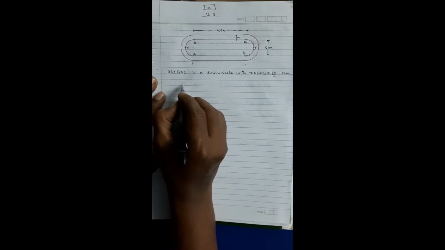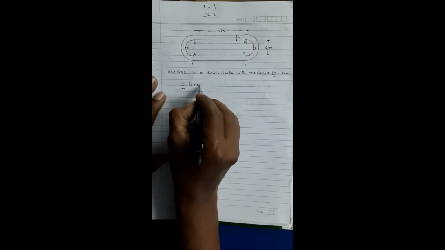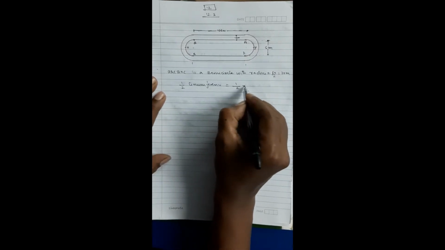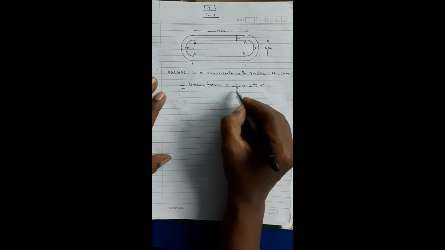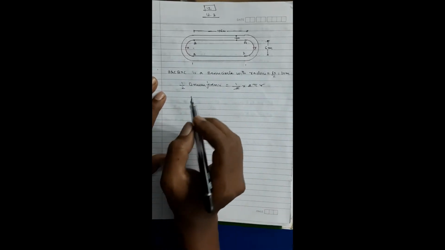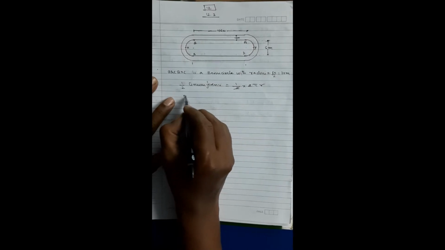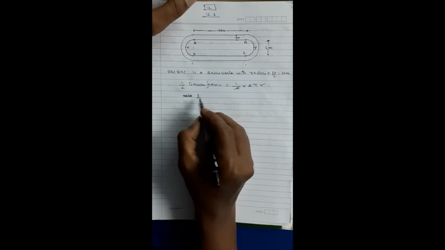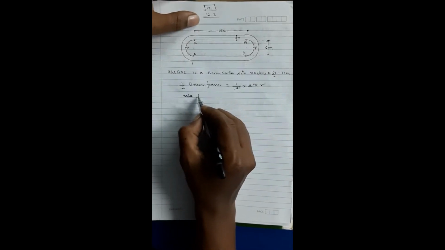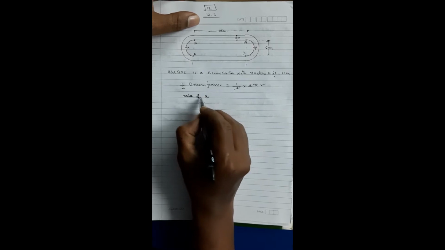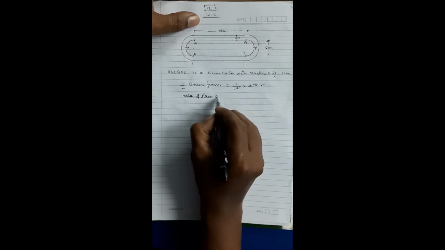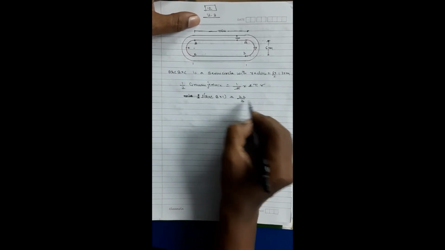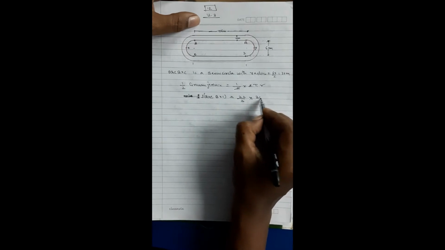So now half circumference is equal to half of 2 pi r. The length of arc BXC is equal to 22 upon 7 into R. R is 30.